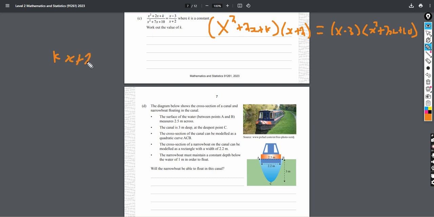K of x plus 2k, that's all this bit here, right? Equals, oh no, we should expand the whole thing. Whoops. A bit sad, but whatever.